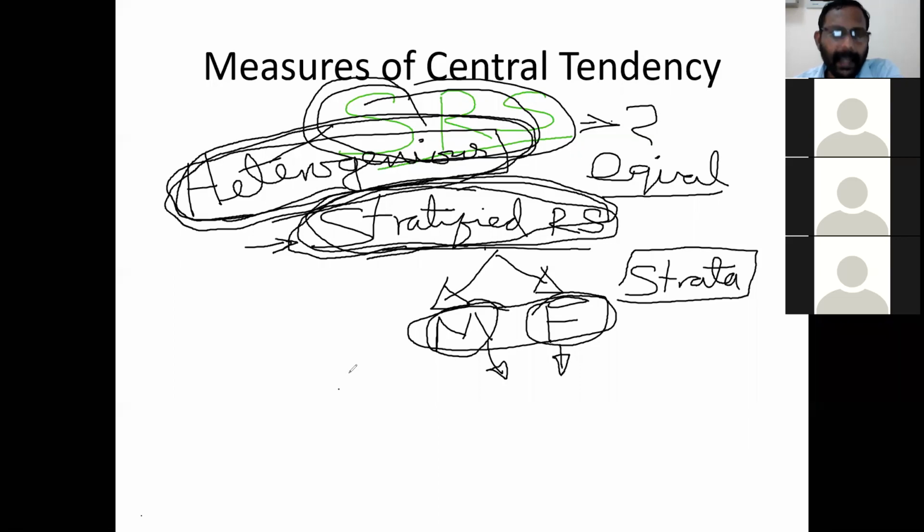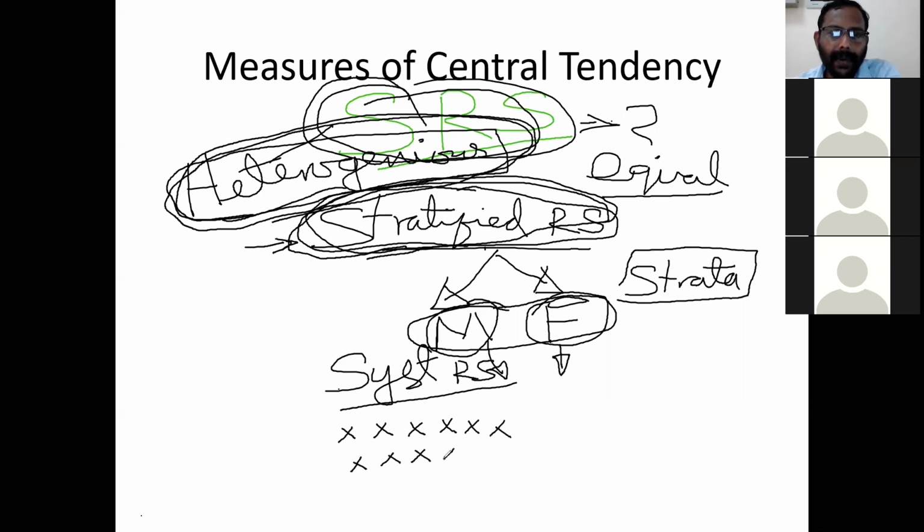Systematic sampling. Yeah, exactly. Systematic random sampling. Systematic random sampling is a very easy one. In an orderly arranged situation, we can apply systematic sampling. Suppose I want to select 3 objects from this. How many objects are there in this?